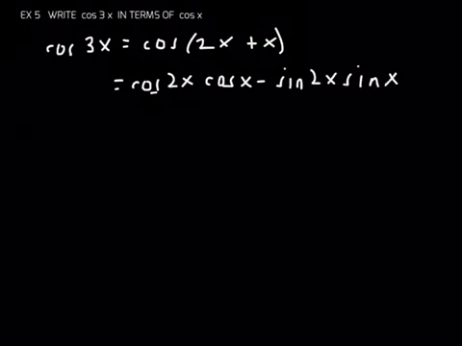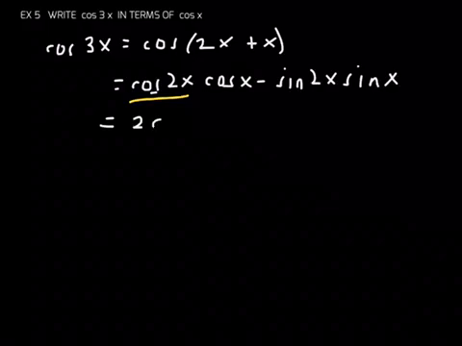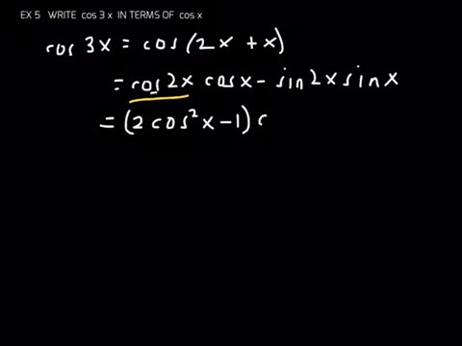All right, cool. Then you want everything in terms of cosine of x, so I suggest you rewrite cosine of 2x as 2 times cosine squared of x minus 1. That's your double angle identity.